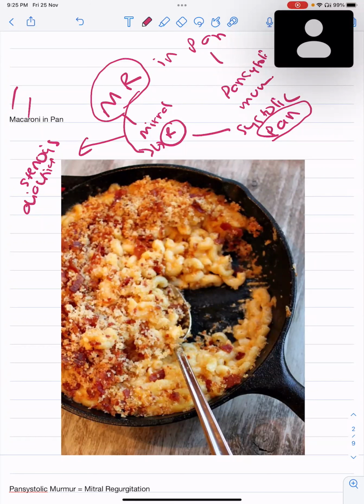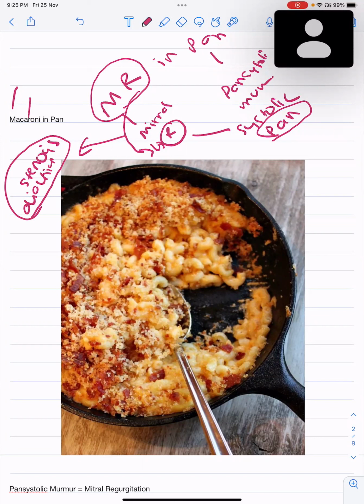Mitral stenosis is completely opposite to mitral regurgitation. I hope till now I'm clear. Guys, this is very, very high yield, so this is what you have to remember. I want all of you to be very attentive and listen to this.